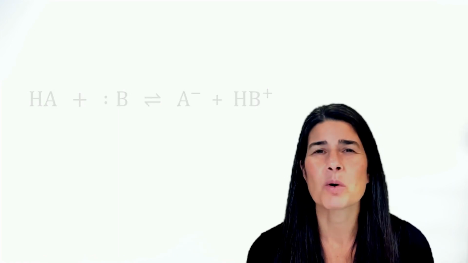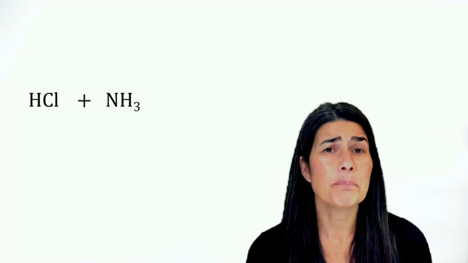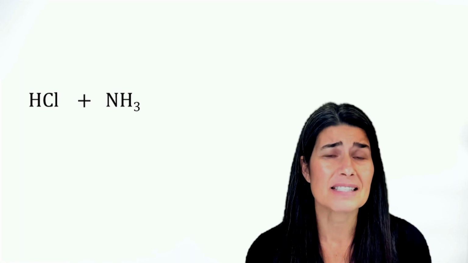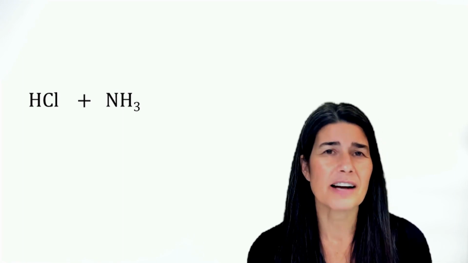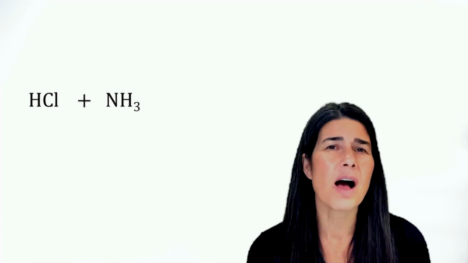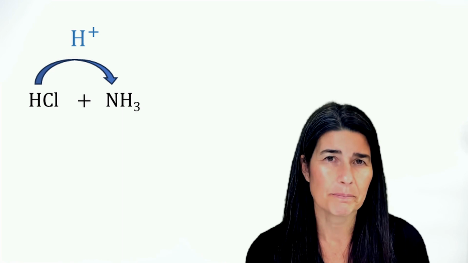Let's look at a more specific example. What if I started with hydrochloric acid, HCl, and put it with our weak base, ammonia? The H, the proton, will leave our HCl molecule and go on to the lone pair of ammonia on the nitrogen atom.